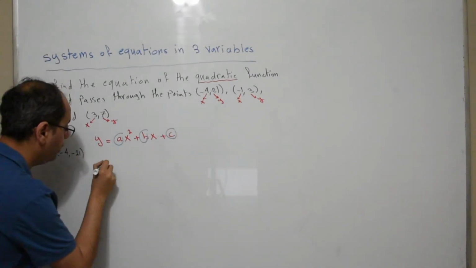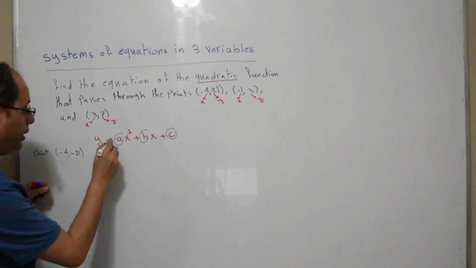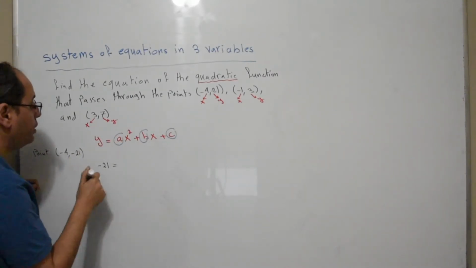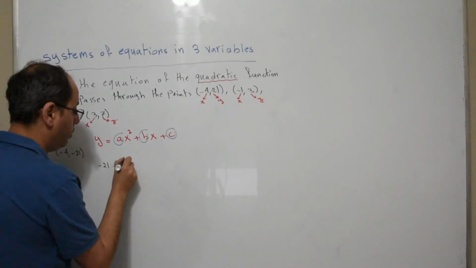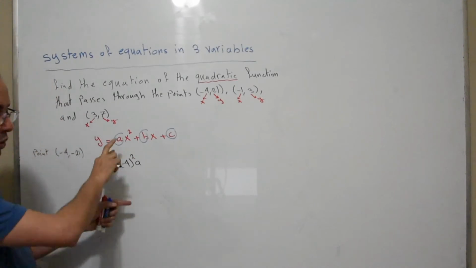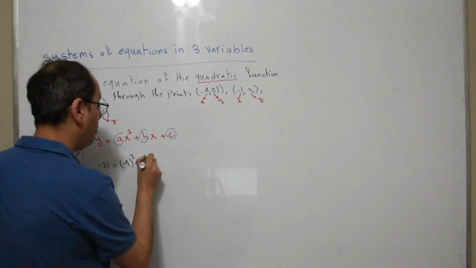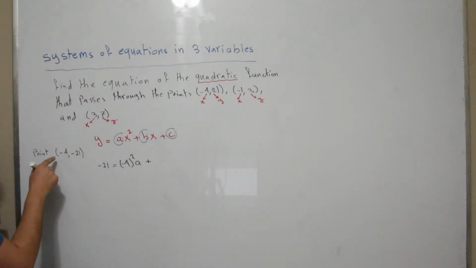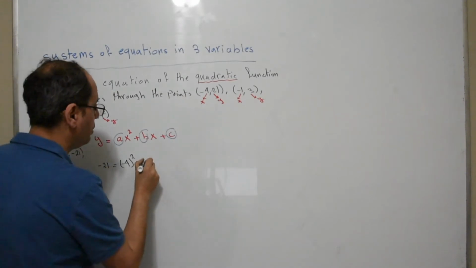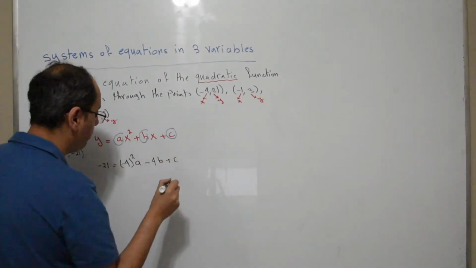So -21 equals a times x squared, which is -4 squared, so I write -4 squared times a, because a is the unknown variable, plus b times x, which is -4, so that's -4 multiplied by b, plus c.